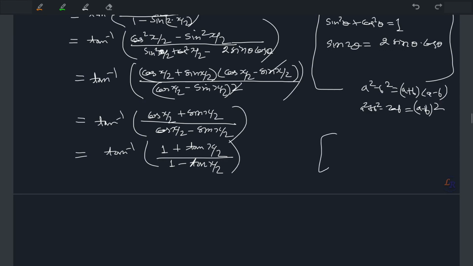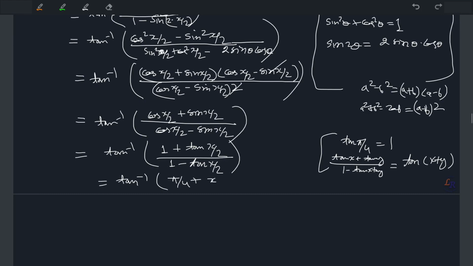And we know here tan pi by 4 is what? 1, so it will be equivalent to tan pi by 4. Then again we utilize one trigonometric function, where tan x plus tan y upon 1 minus tan x tan y can be written as tan of x plus y. So here x is pi by 4, so you can write this equal to tan inverse of tan of pi by 4 plus x by 2.